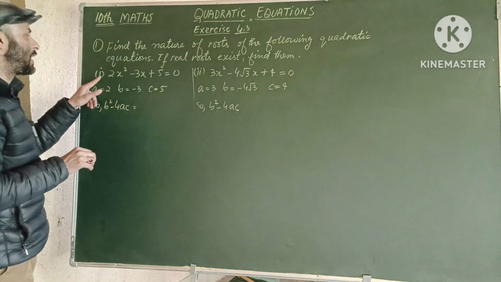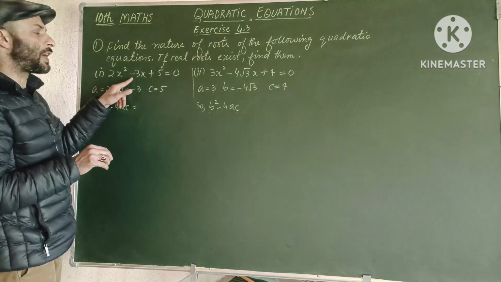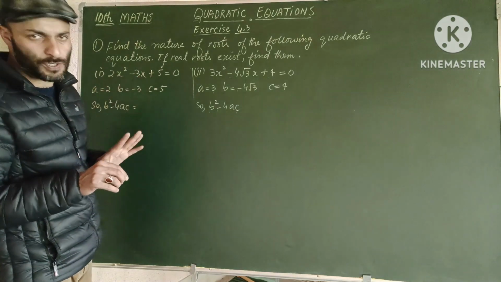What is part one? Part one is 2x square minus 3x plus 5 is equal to 0.